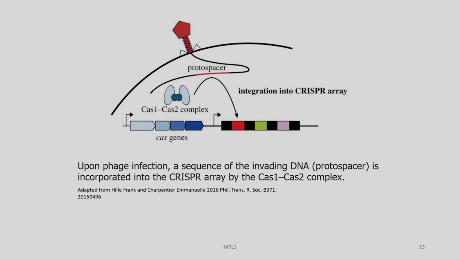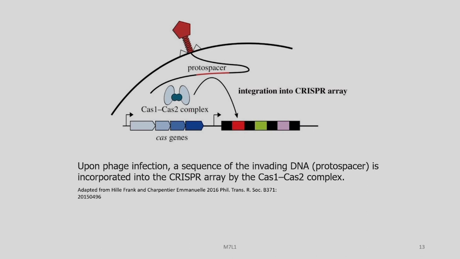So, once a virus attacks a bacterial cell and it injects the DNA inside the bacterial cell, there is a system inside the bacteria, the CRISPR-Cas loci, as we already know. They produce a complex called the Cas1 Cas2 complex.